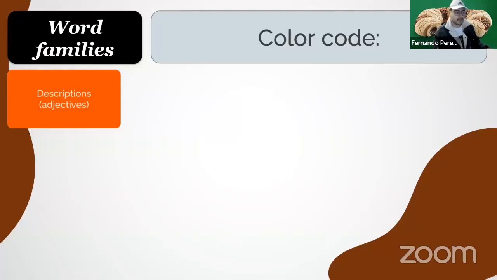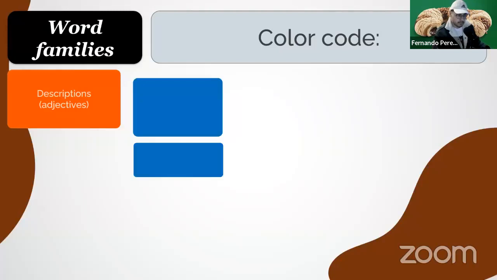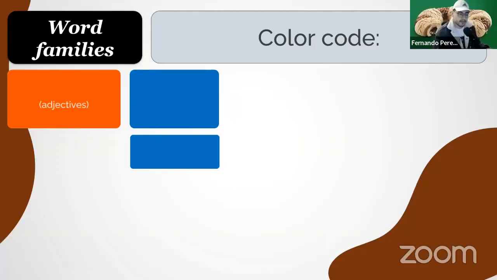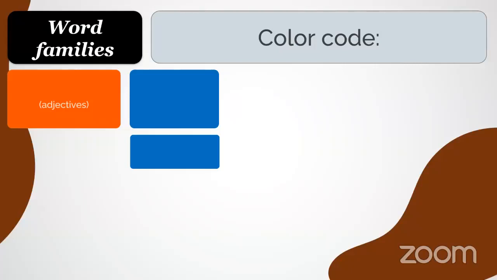Then we have other two colors. Color blue. Who remembers what color blue is for? Actions? Verbs? No, actions are green.